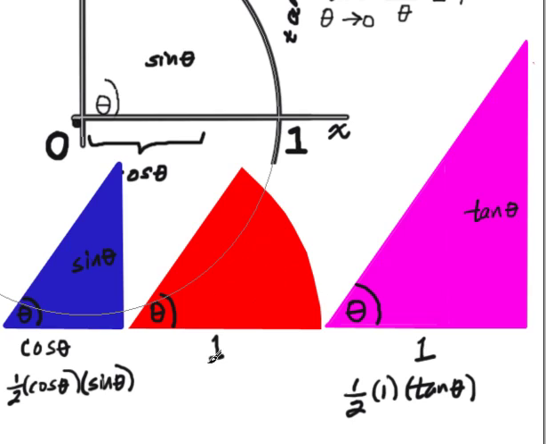And for the red sector, the area of a sector is 1/2 theta radius squared, so in this case it's 1/2 theta times 1 squared, which is 1/2 theta. Since we arranged these in order, we have less than or equal to symbols in between: this quantity is less than or equal to this quantity, which is less than or equal to this quantity.